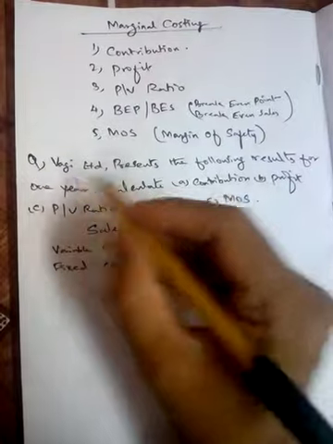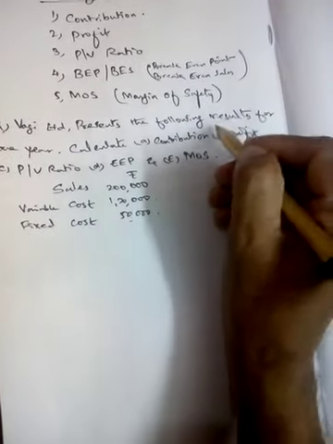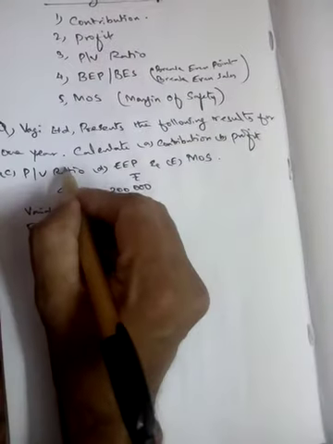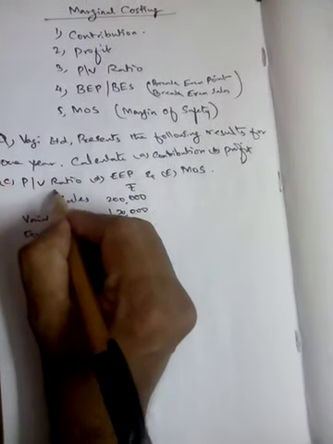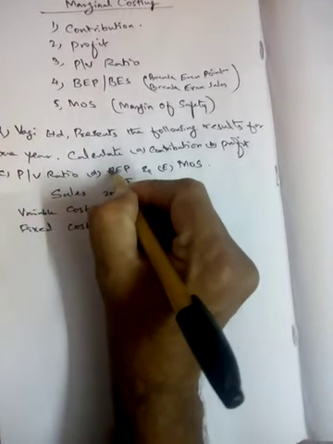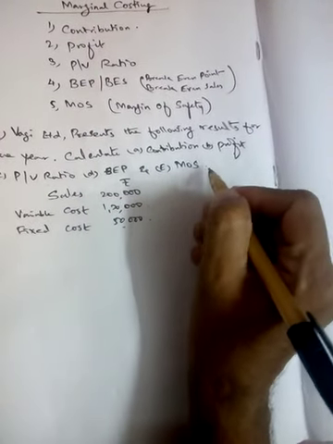So here the question is there. WAGI Limited presents the following results for 1 year. Calculate contribution, profit, PV ratio, break even point and margin of safety.